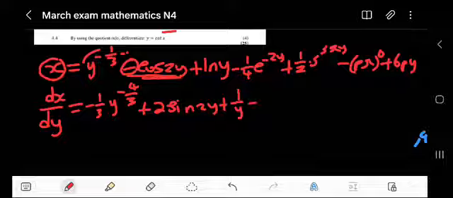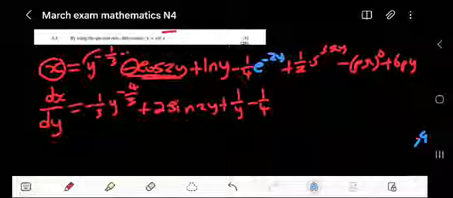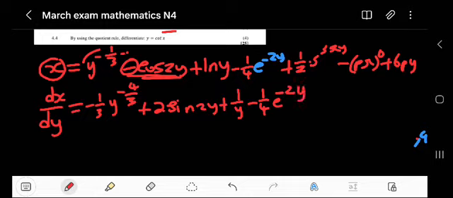Together minus, so we have 1 over 4. Then here you'll write that as it is. It will be e to the minus 2y, it will never change. We multiply by the derivative, chain rule there.